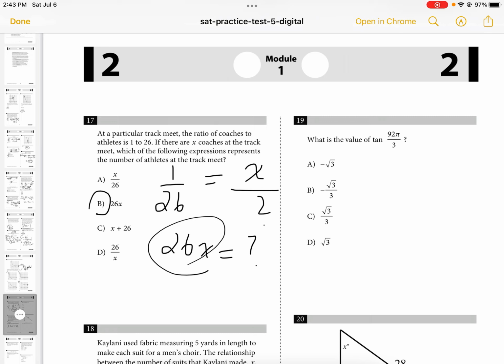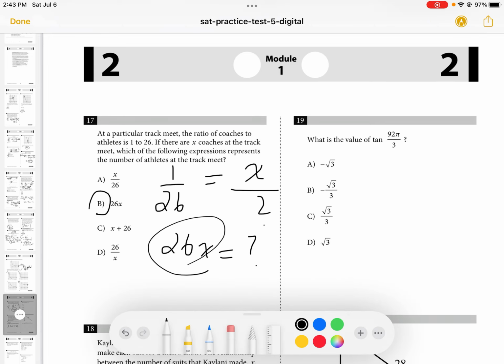Alright, number 19. What's the value of tangent of 92 pi over 3? Now, we can simplify this. The period of the tangent function is pi.